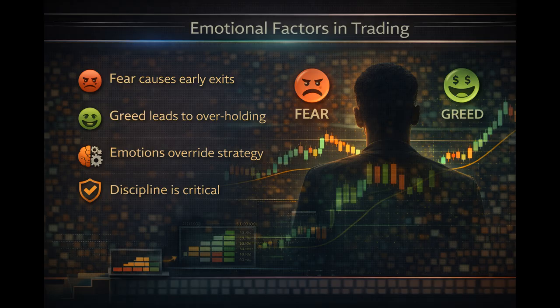Importance of emotional discipline. Emotional discipline is the ability to follow a trading strategy consistently without allowing emotions to interfere with decision-making. In trading, emotions such as fear, greed, excitement, and frustration can significantly affect how traders behave. For example, after experiencing several profitable trades, a trader may become overconfident and start taking larger risks.